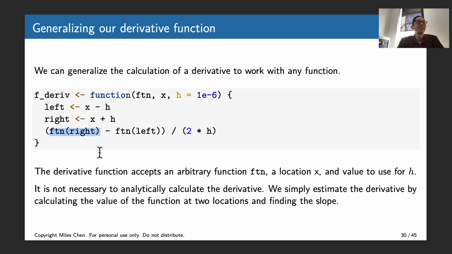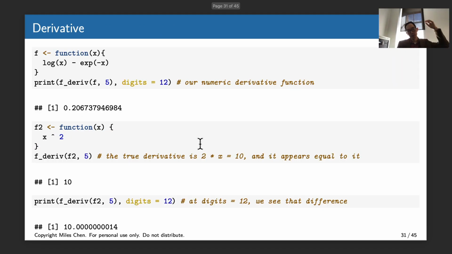Like if you have tangent and you're plugging in something where you're going to get tangent of 90 degrees, then sure, that's going to break. But as long as you're not running into a situation like that, this is going to give you a pretty good derivative approximation. You just take your x, add a little h, take your x minus a little h, calculate the difference between that, divide by 2h, and you're going to get something good.